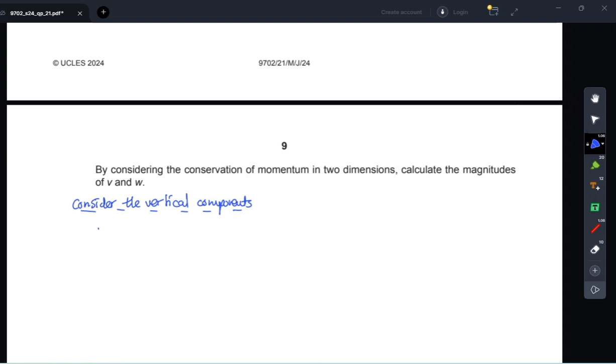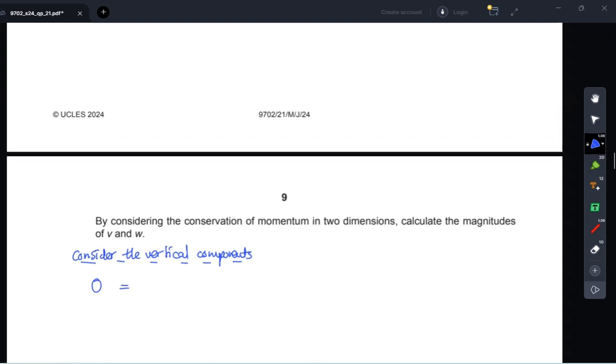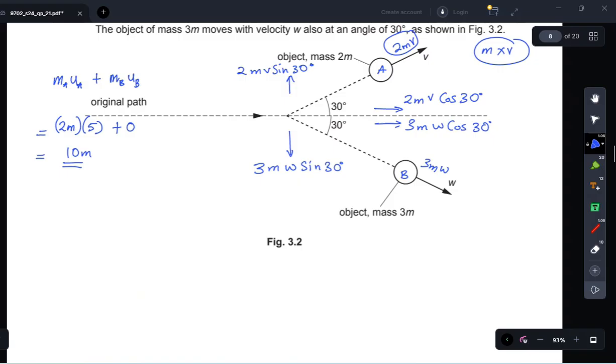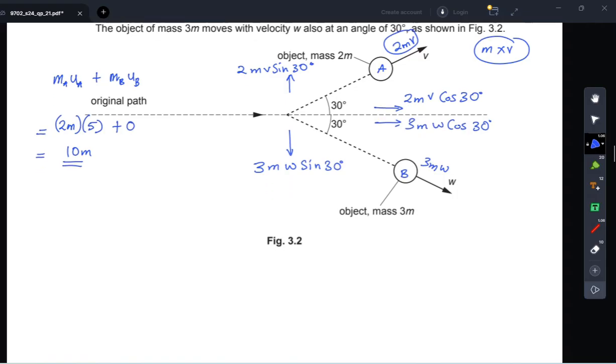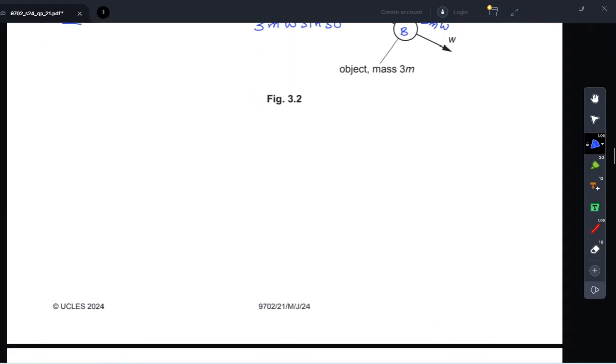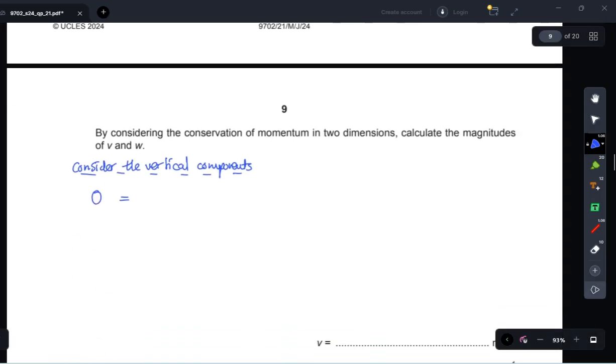So before collision we have zero momentum. Now after the collision, the vertical component of object A is 2mv sine 30, and for object B it is 3mw sine 30. So those are subtracting one another.